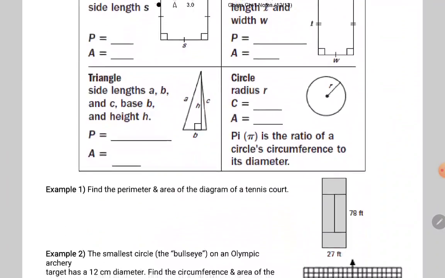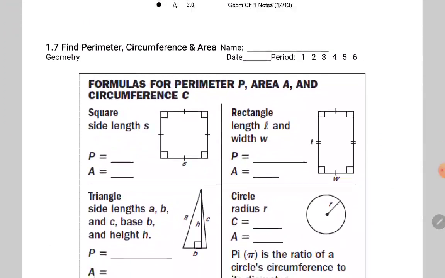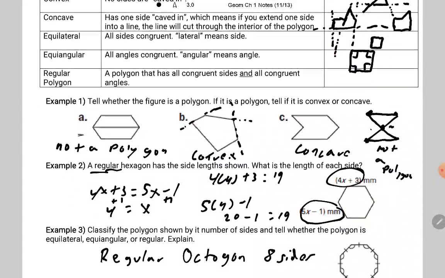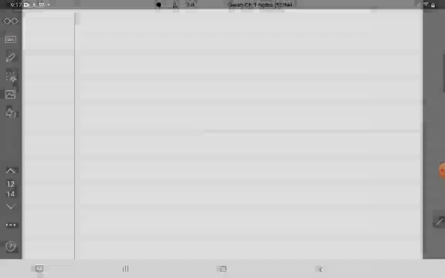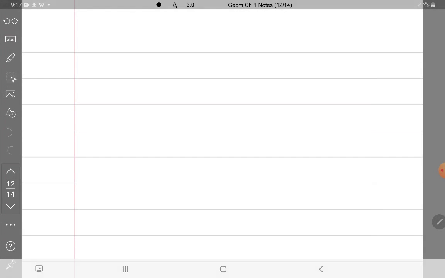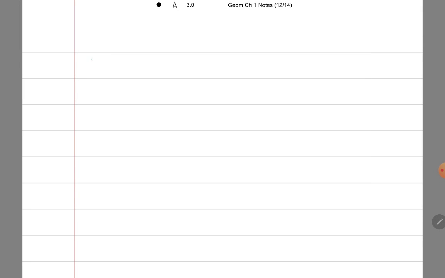Now, oh, that's not what I wanted to do. Let's insert a page here. All right, let's go over the other polygons. So a polygon cannot be one-sided. So no one-sided polygon.